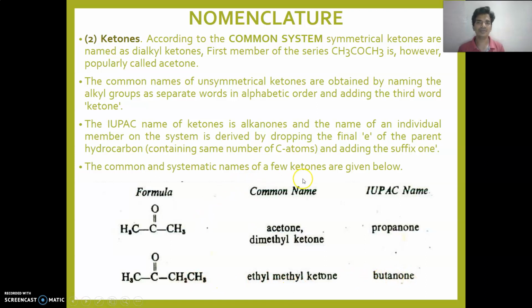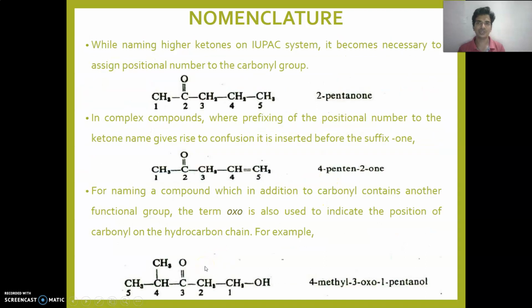These are a few ketones given in the common system. While naming higher ketones in the IUPAC system, we select the longest chain. For example, 2-pentanone has C=O at the 2 position. In complex compounds, the position number of the ketone is prefixed, to avoid confusion, because of the suffix one.